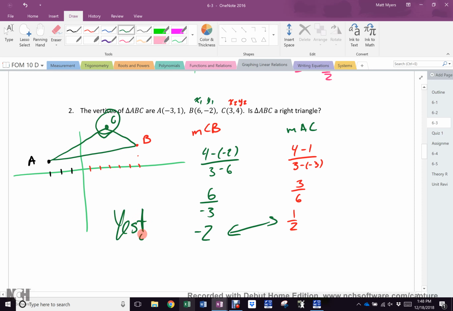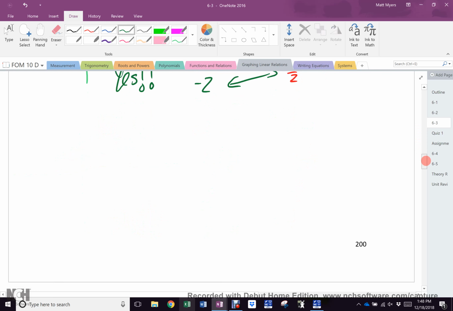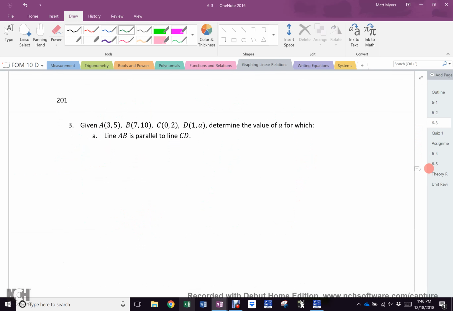So 2 minus A over 0 minus 1, which would be 2 minus A over what? Negative 1. Now, if they're parallel, then what must those two things be? They must be equal, correct? We just spent 2 days figuring this out.